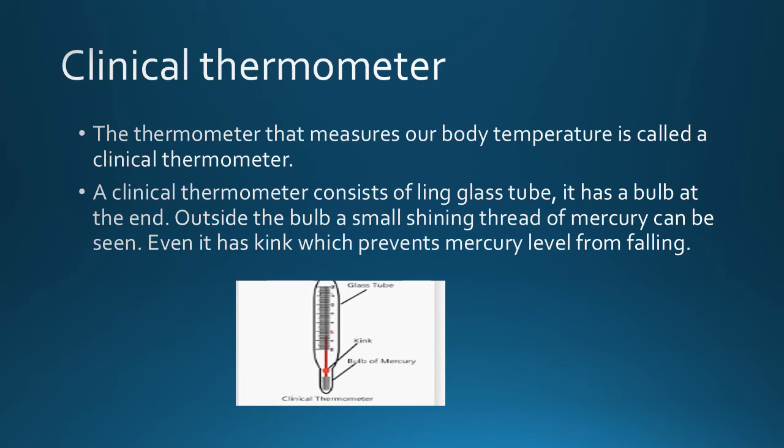Outside the bulb, a small shining thread of mercury can be seen. It also has a kink which prevents the mercury level from falling. And here you can see the diagram. Here is the kink, then the bulb where mercury is present, and the glass tube.